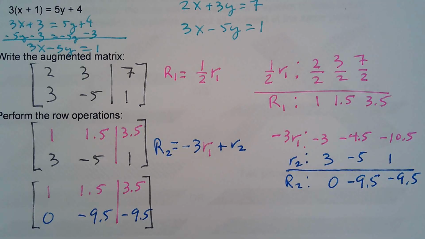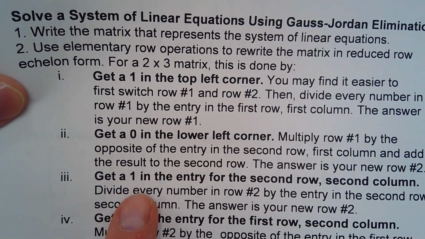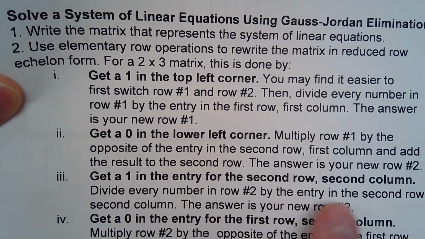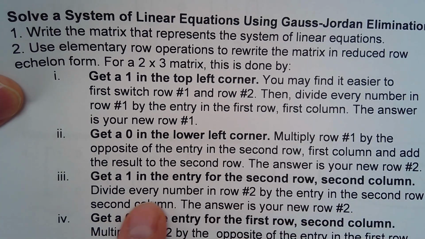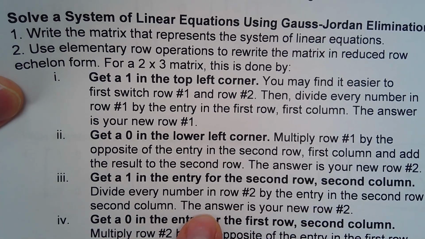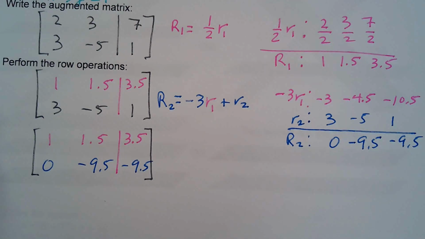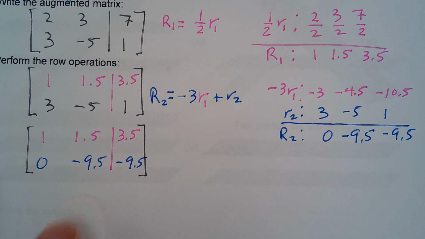So our next step is we need to get a 1 in the entry for the second row, second column. So I'm going to divide every number in row number 2 by the entry in the second row and second column. Well, so I'm going to divide by negative 9.5.